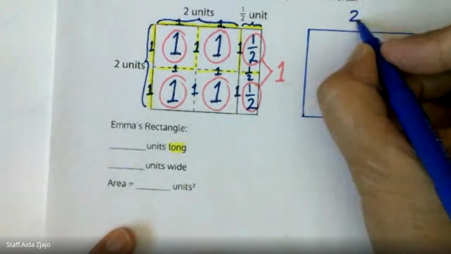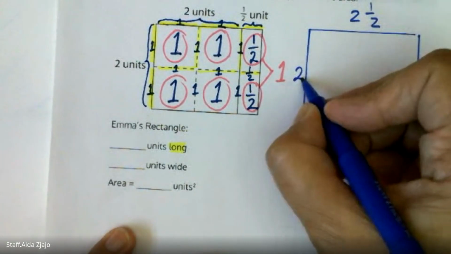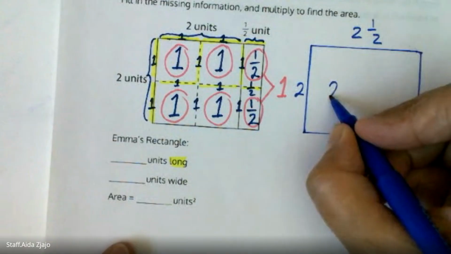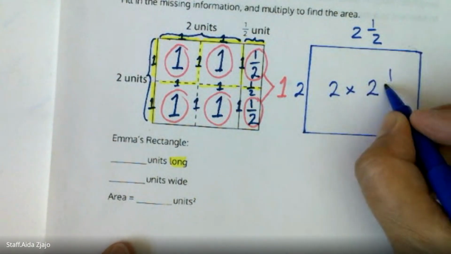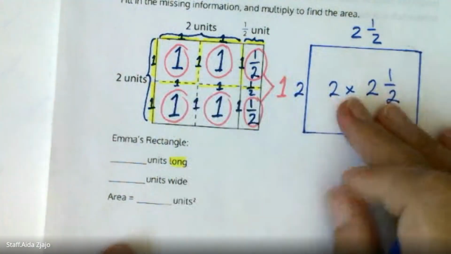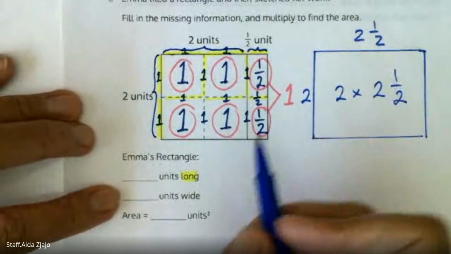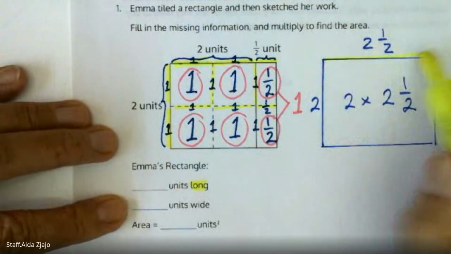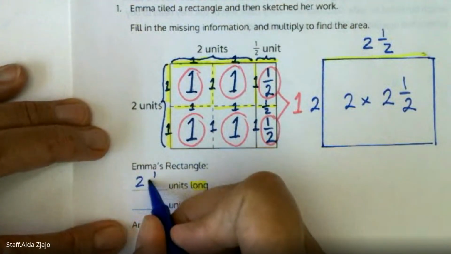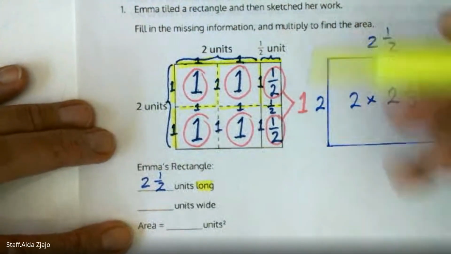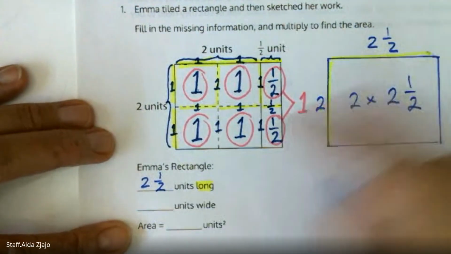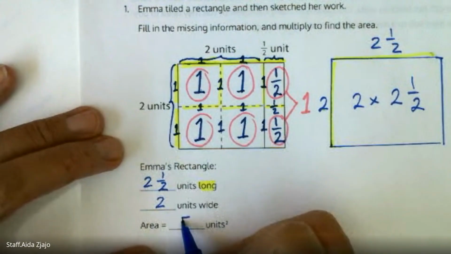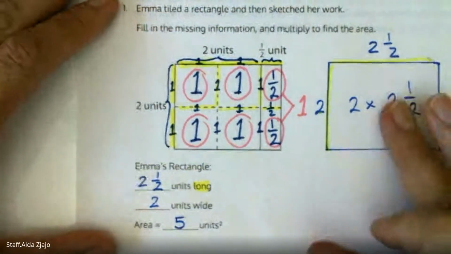Okay, so 2.5 times 2. So this area is really what? 2 times 2.5. That's the same as that. So the length is all this, 2.5, and then the width is just 2 units. So the area is 5.